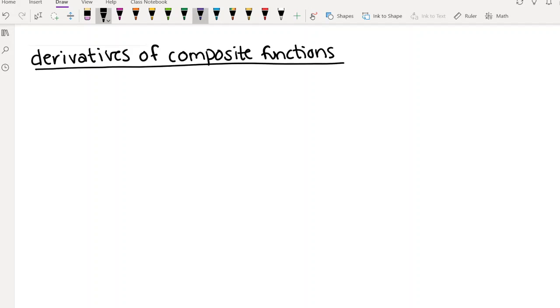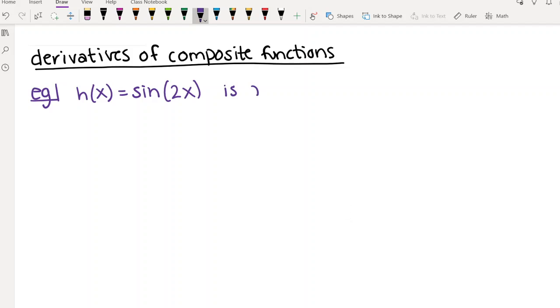Okay, so let's look at an example, like I said. Let's look at the function h of x is equal to sine of 2x. So this is a composite function, right? Because it's not just sine of x, it's sine of 2x.